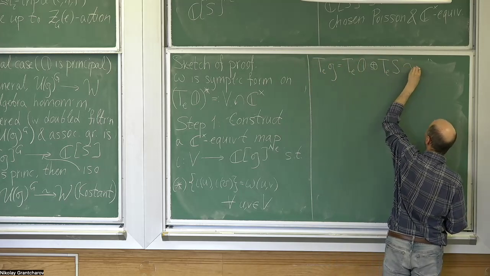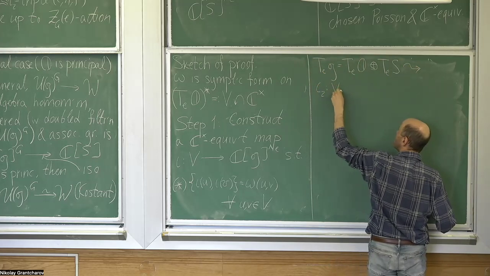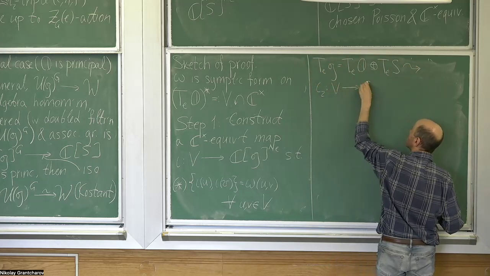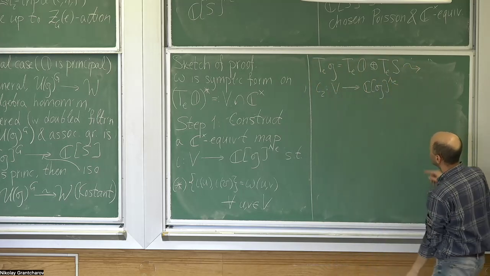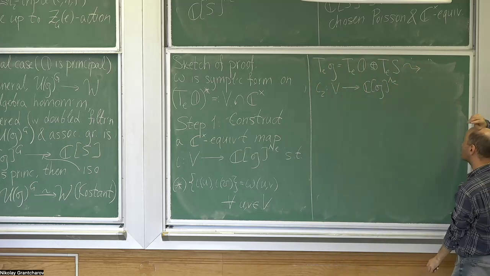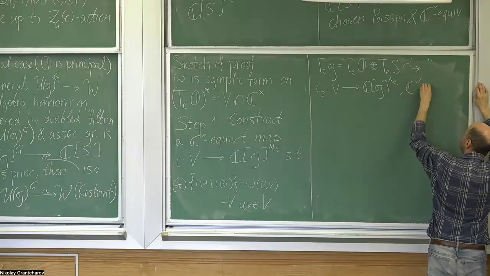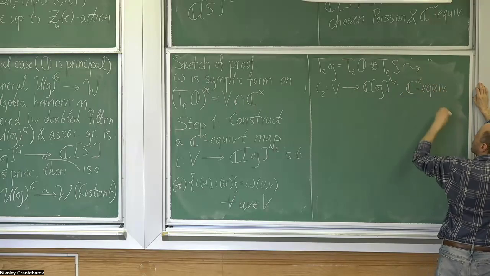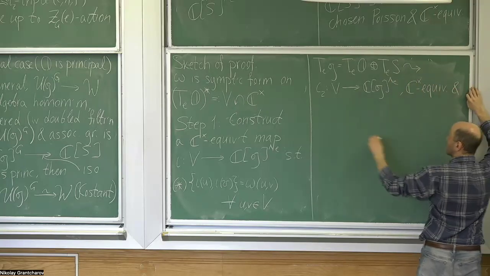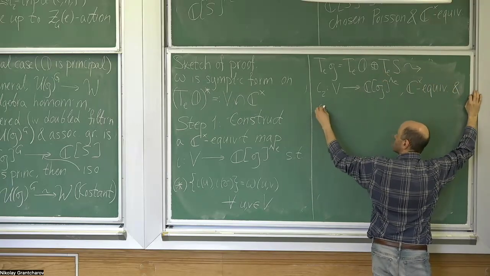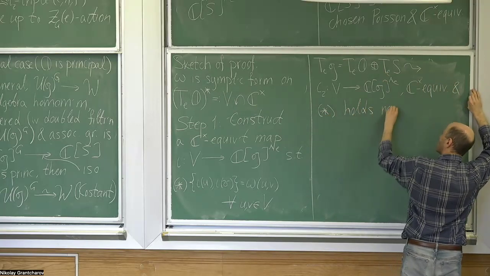just hands me a map iota 2 from V into C of G completed at E. I don't even need to take completion here, which is C star equivariant. Because this decomposition can be made C star equivariant. And such that this property star holds modulo m squared.